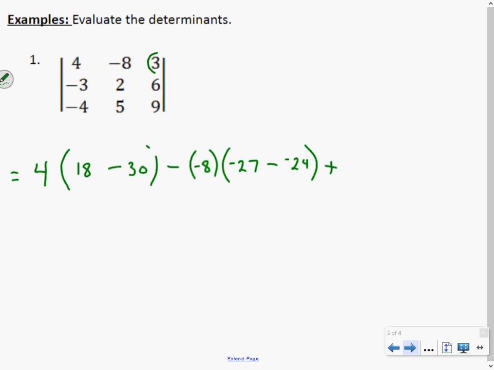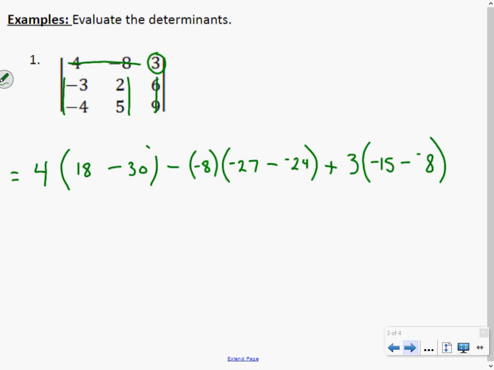We're going to do 3, not paying attention to anything in its row or column, and multiply 3 with the determinant of these values here. The determinant there would be negative 3 times 5, which is negative 15, minus 2 times negative 4, which is a negative 8. So let's clean this up a bit.